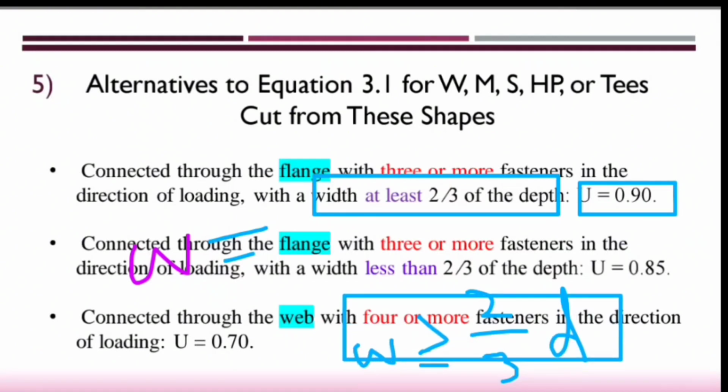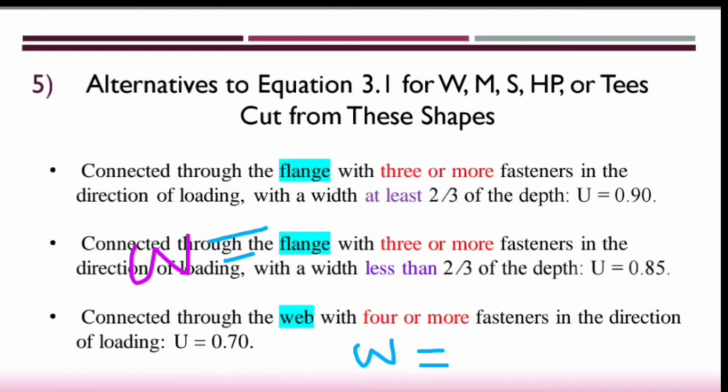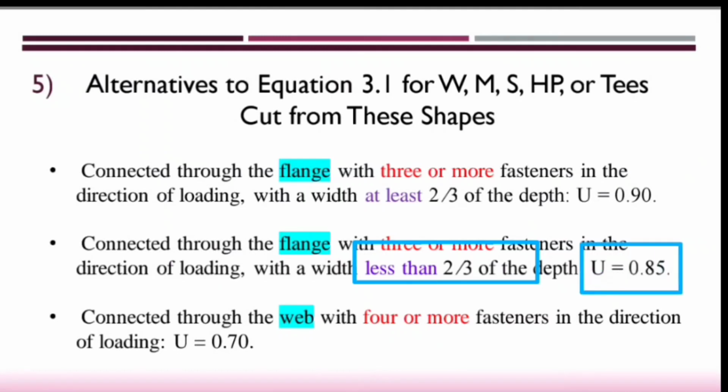For this we will be doing the calculation. If the width is greater than 2/3 of the depth, then we will be using this. If it's not, then we will not use this value 0.90. If after calculation 2/3 of the depth is greater than the width, then we will be using 0.85.